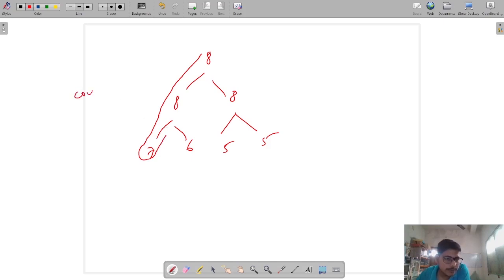We will use a count variable which will give me the answer for the number of single value subtrees. We will return the count as 1 because a leaf node is a single value subtree. So we will go in post order. So I got a leaf node, I will return 1. Then again I got here, I will return 1.